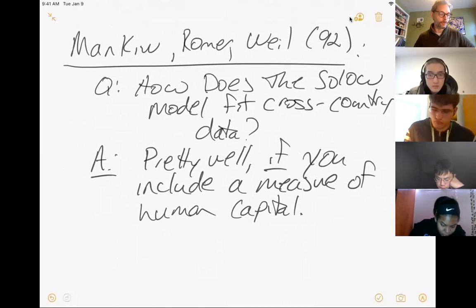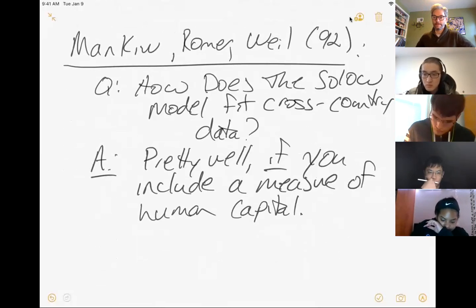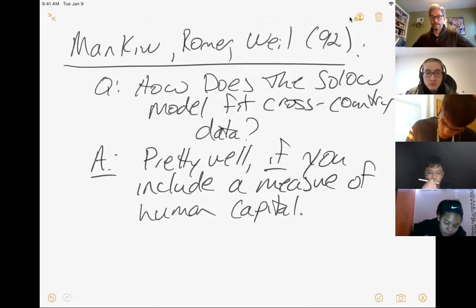Now, human capital is a fairly amorphous idea. Human capital is basically any sort of know-how that helps you become more productive. So it includes things like education, obviously, but it also includes things like experience. It includes, quite simply, know-how.